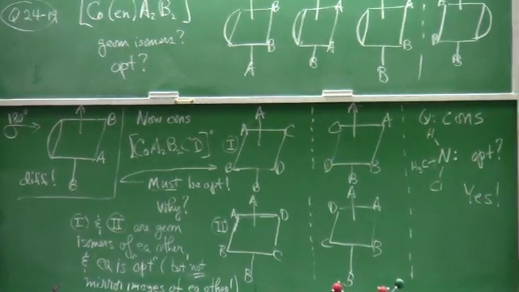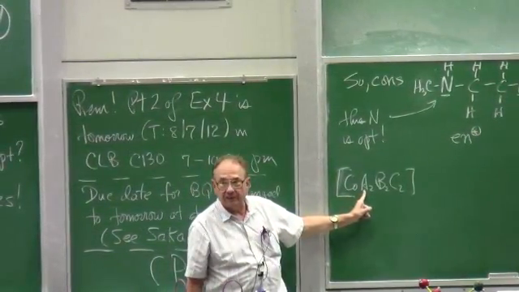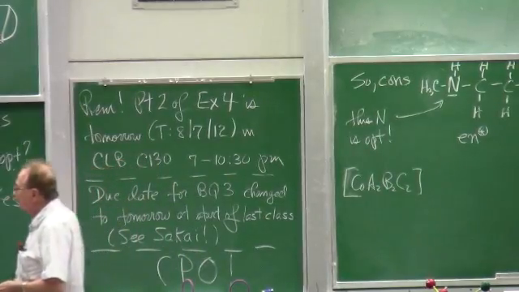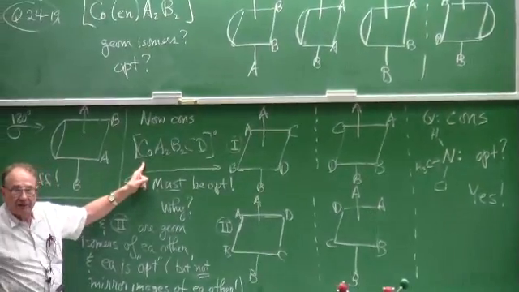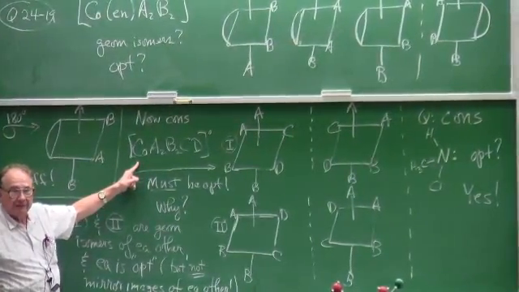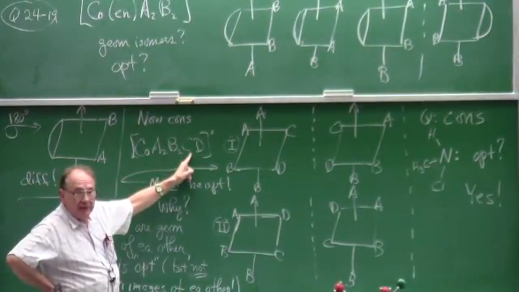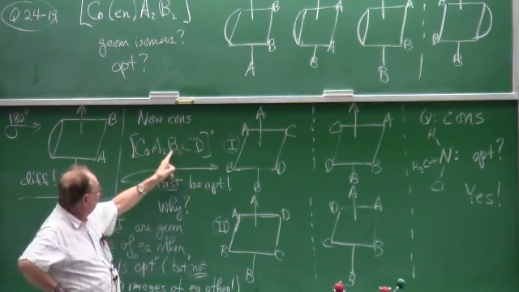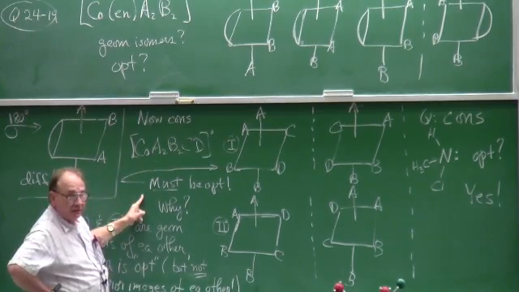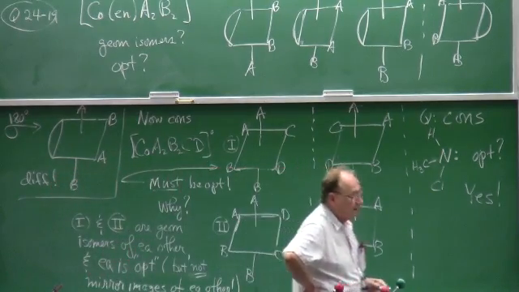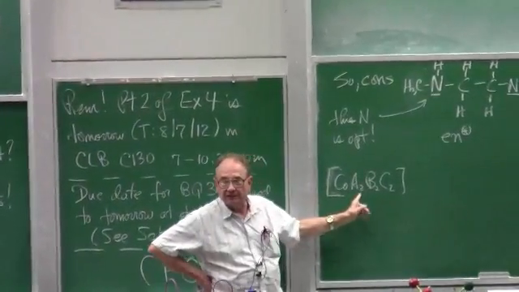We can ask the question, given that we've recognized that the least symmetric geometric isomer of the previous complex is optically active, that establishes that the least symmetric geometric isomer of this has also got to be optically active. Why so? Well, with C and D being different ligands from each other and different ligands from all the other ligands in the first coordination sphere, how does the overall symmetry of this for the least symmetric isomer compare to the overall symmetry of that one for the least symmetric isomer?